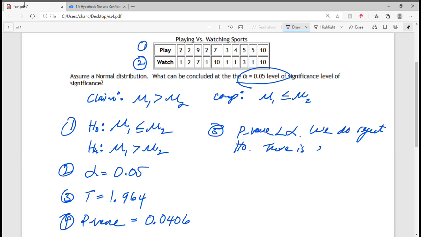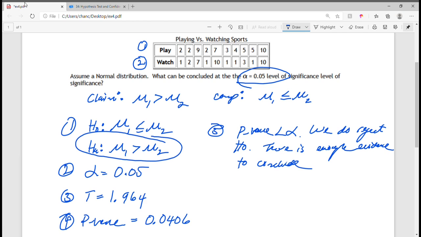There is enough evidence to conclude, and again, our conclusion is always in terms of HA. So we're going to say that the mean of the first group is greater than the mean of the second group.